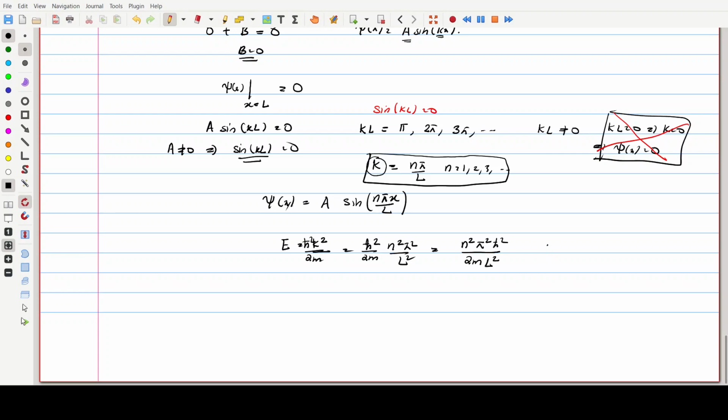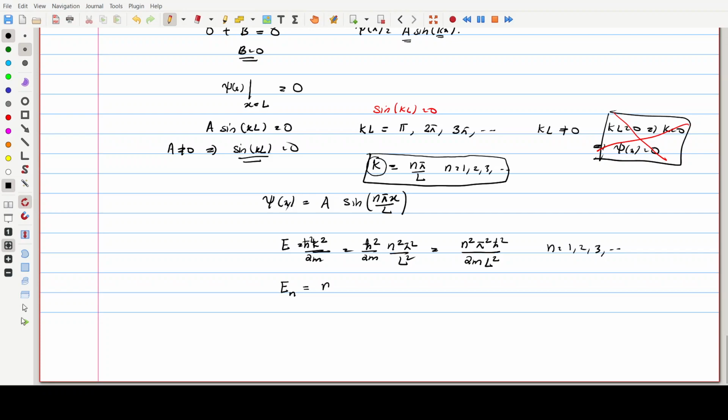So n can take values 1, 2, 3, etc. Remember, n cannot take 0 value. n can take only 1, 2, 3, etc. So correspondingly the energy can take these values. So the energy becomes discrete, and therefore the energy hereafter I am going to denote by the symbol E subscript n, because the value of E varies with n.